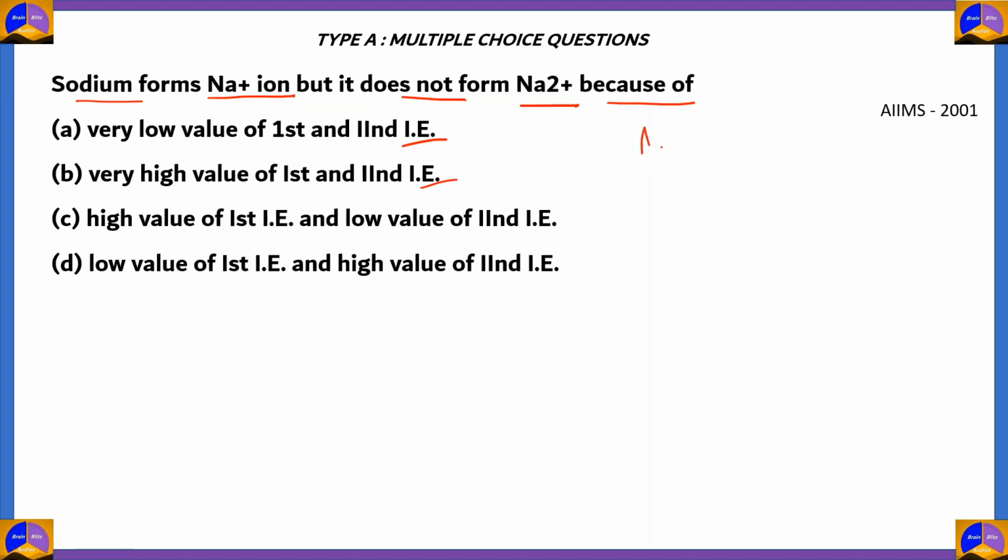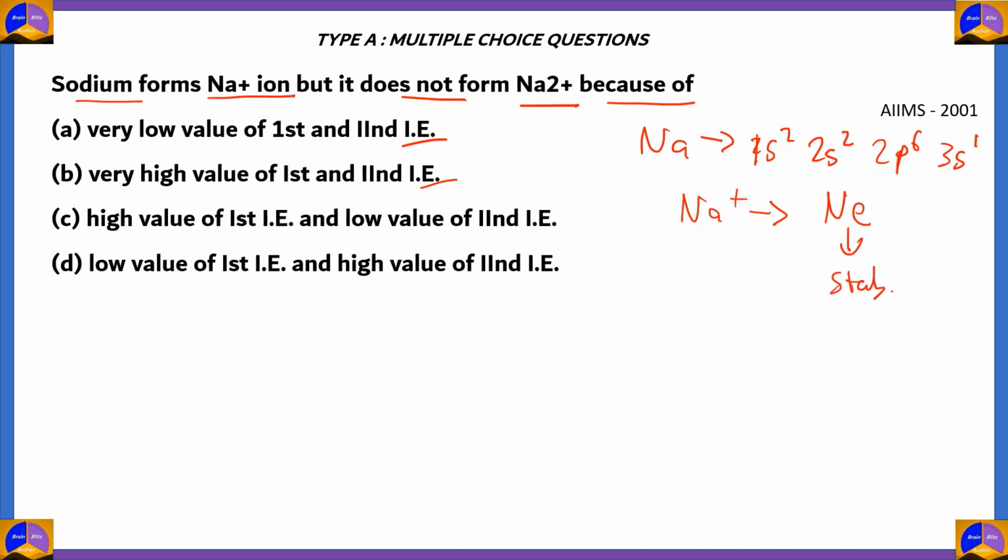So sodium has the configuration 1s2, 2s2, 2p6, 3s1. If we take one electron from sodium, you get Na+, which has the same electronic configuration as neon. Neon is a noble gas, so this is stable.